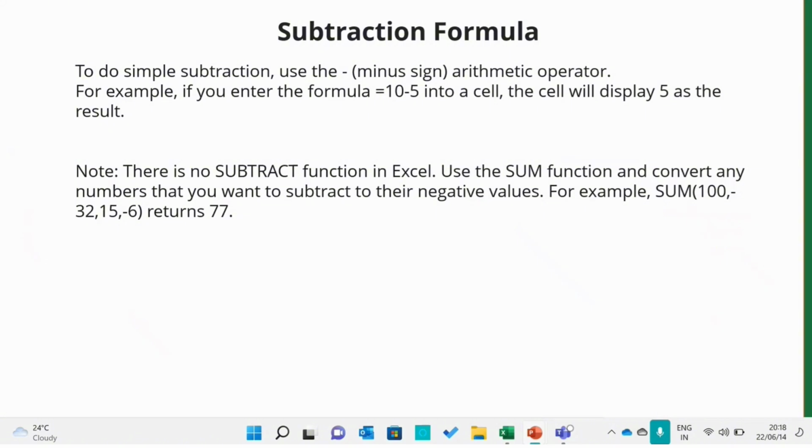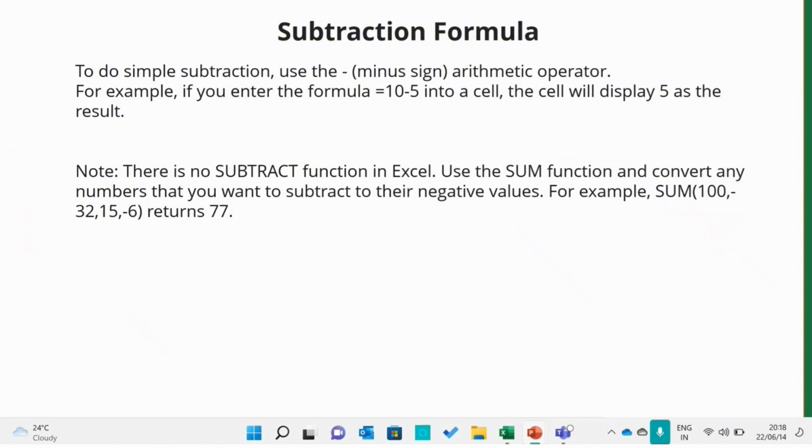So you can do double subtraction as well, depending on what your negative value is and what exactly is the value that you want. Because there is no subtraction formula doesn't mean that you cannot compute subtraction in Microsoft Excel, right? So let's see how to use subtraction.